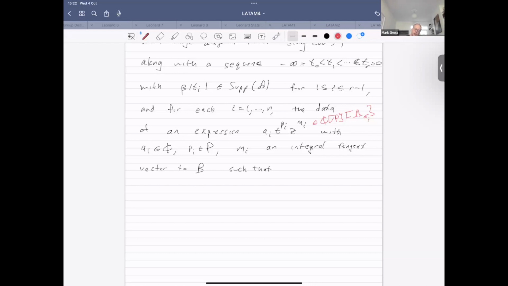So there are going to be a number of properties. This might look a bit overwhelming at first, but I think the idea is going to be fairly simple.